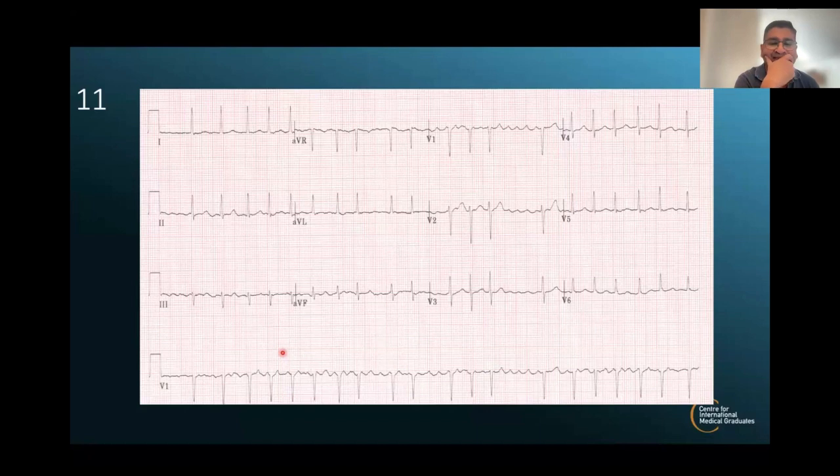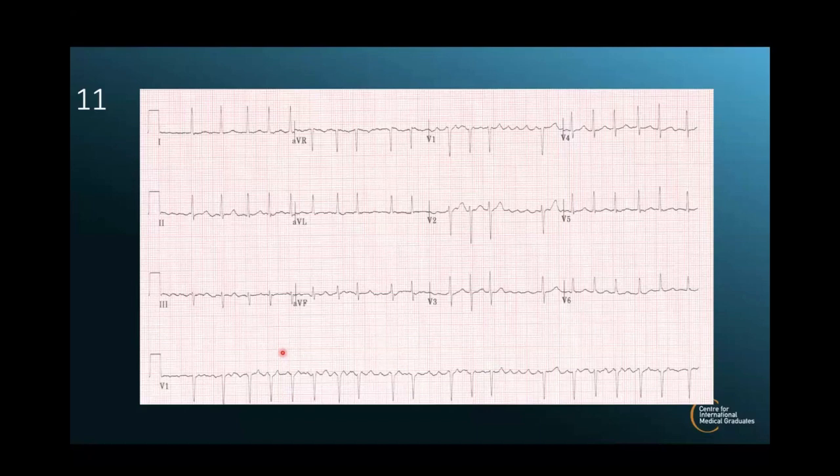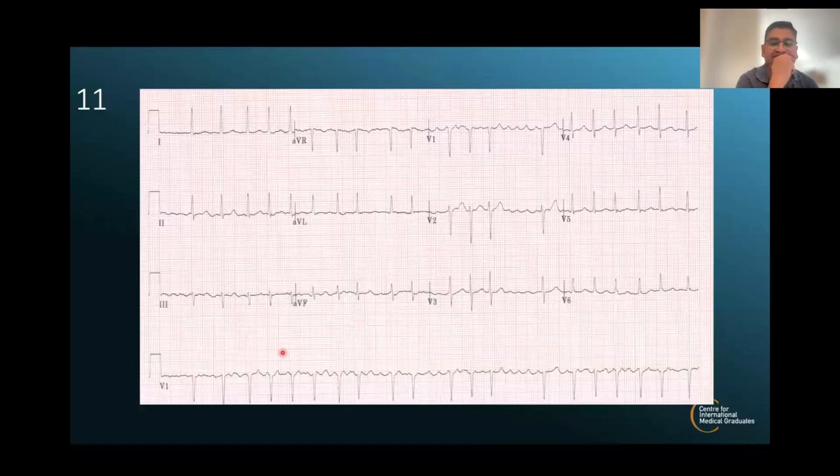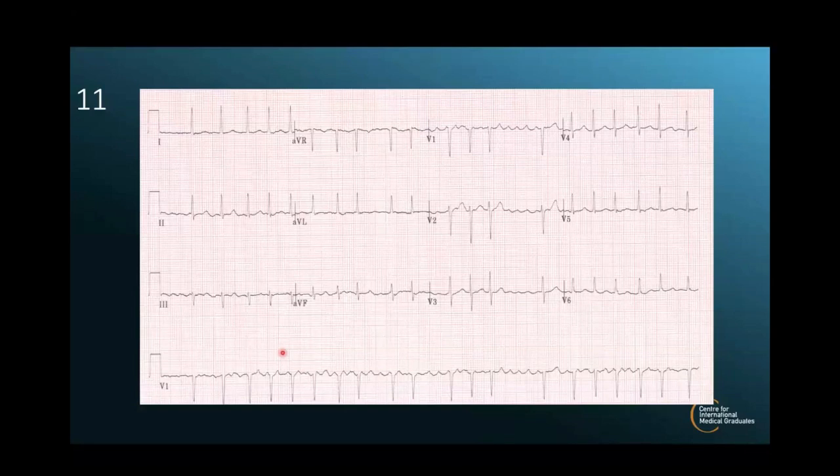Now, there are some fibrillatory waves. If we use V1 down there, you can see that you can't make out any particular P wave. I can't use the cursor, but there are some fibrillatory waves down there. So my diagnosis here would be possible atrial fibrillation.